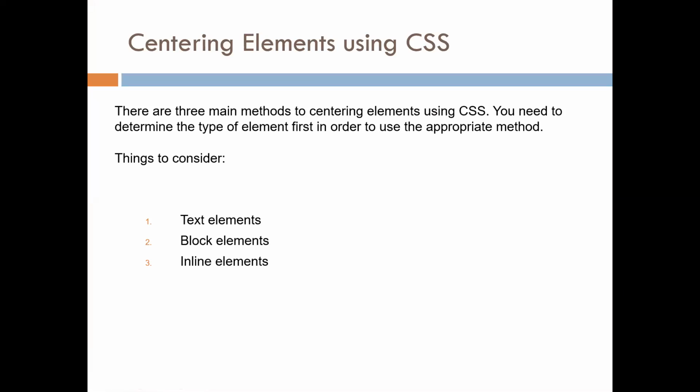I believe that we covered this in our font lesson earlier, so this is just a reminder. On text elements, there is one property that we can add that will align our text to the center. That can be used on headings, paragraphs, lists, different things like that. The next is block elements, and then the third are inline elements. Let's go over each one of those.